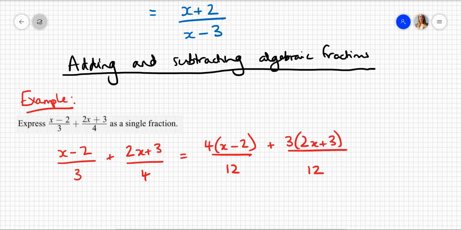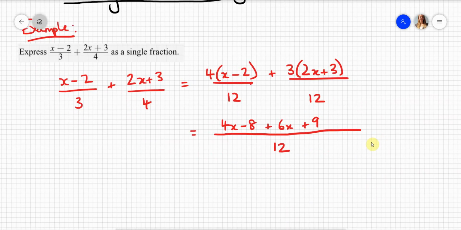So they're now both over 12. I'm going to put this all over one denominator because they've got the same denominators, and I'm going to multiply out the brackets. And that is my final answer for that one.